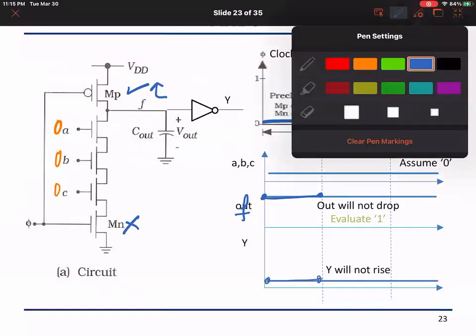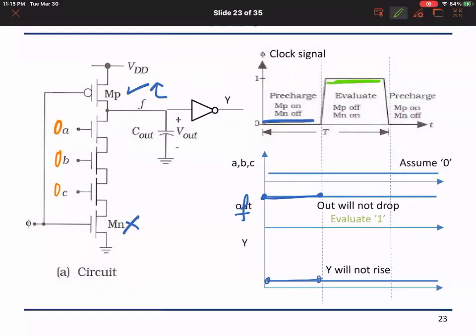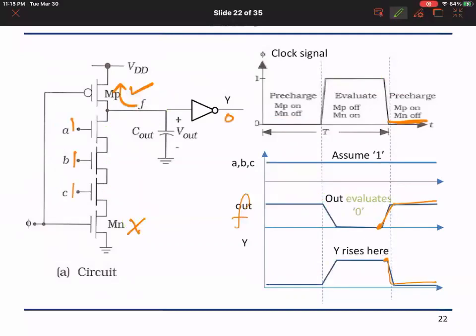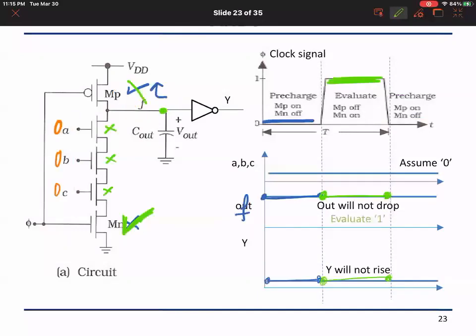And then during the second phase, the clock will be high, so the PMOS will turn off and the NMOS will turn on. However, these are 0, so I don't have any path. So in this scenario, F will maintain its value, and there is no place for it to discharge, and therefore Y will not rise. Here we see that either Y rises or Y does not rise, depending on the values of A, B, and C.